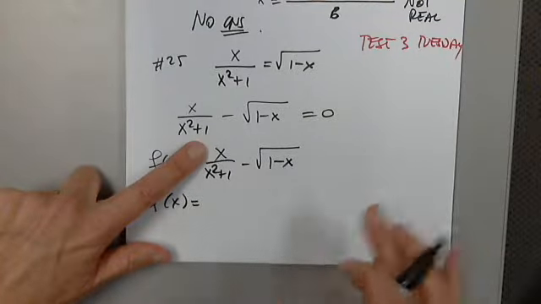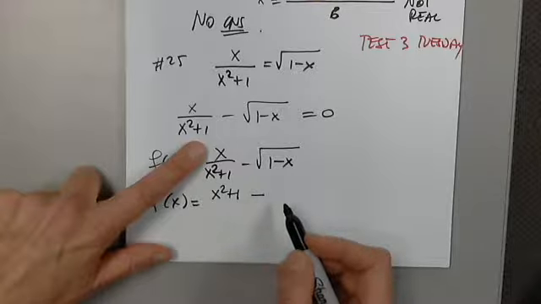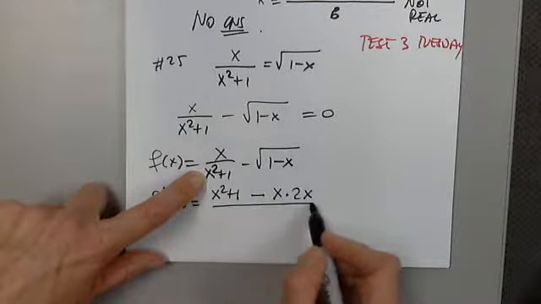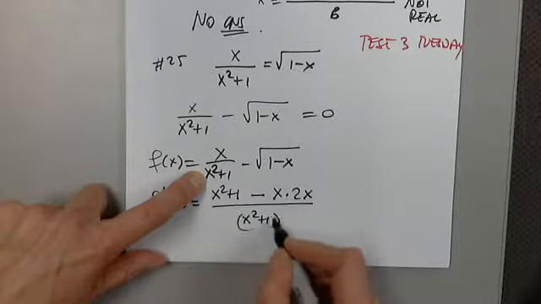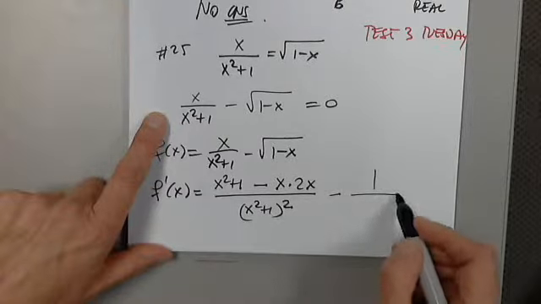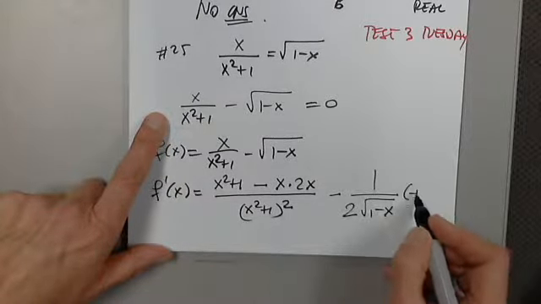Top prime is 1 times the denominator minus the top times the denominator prime, over x squared plus 1 squared, minus 1 over 2 the square root of 1 minus x times negative 1.